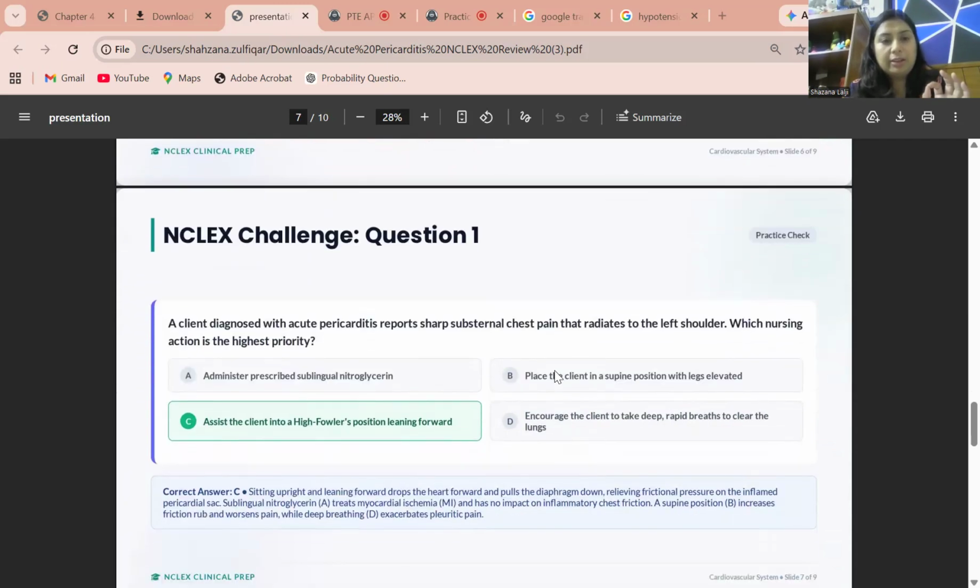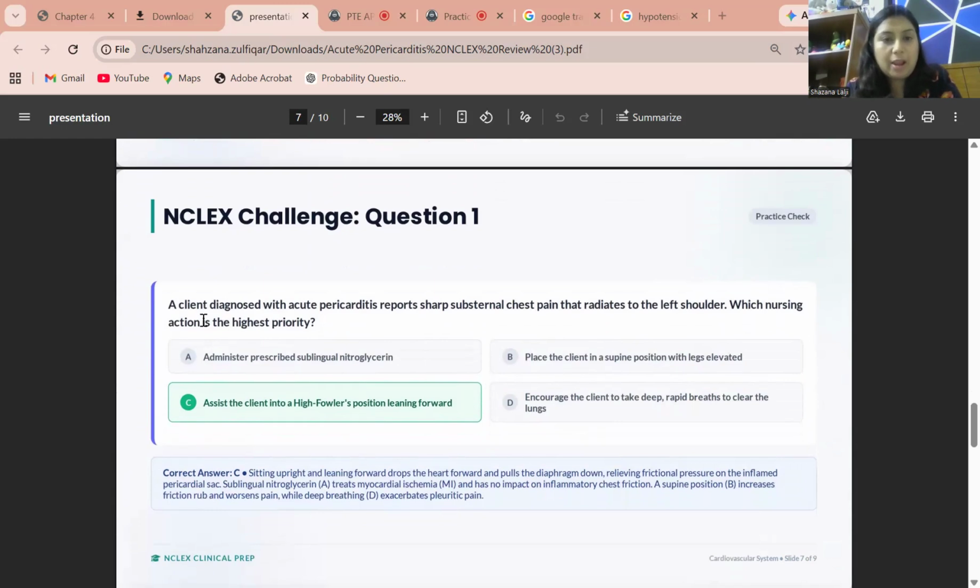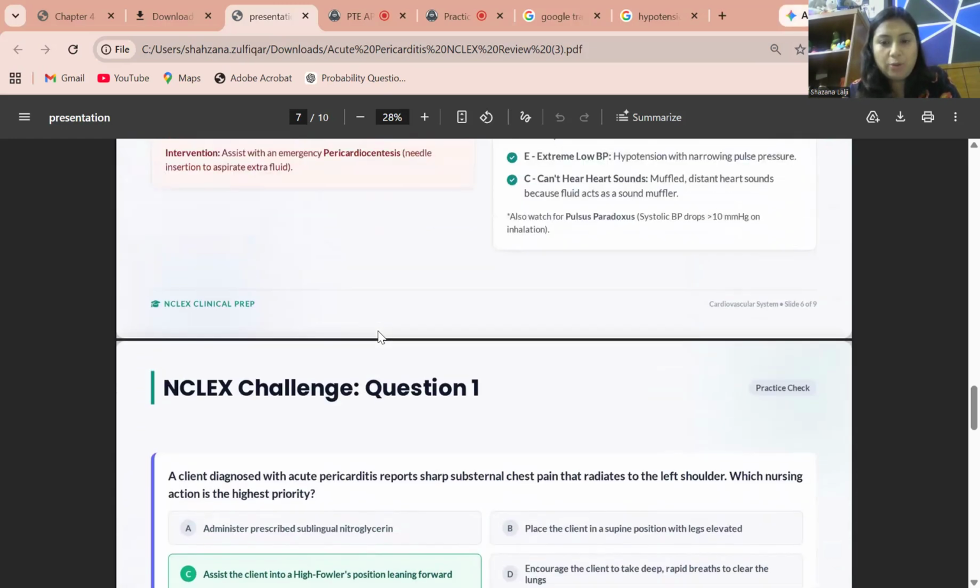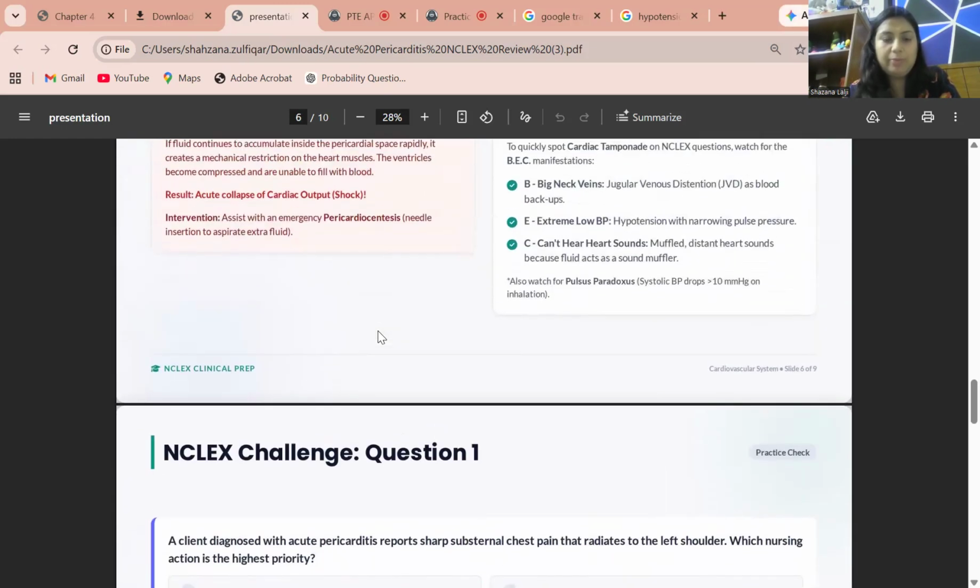So here is the NCLEX challenge, and don't look at the options; answer without seeing any option. A client diagnosed with acute pericarditis reports sharp substernal chest pain that radiates to the left shoulder. Which action is the highest priority for the nurse? So what is the highest priority nursing action?